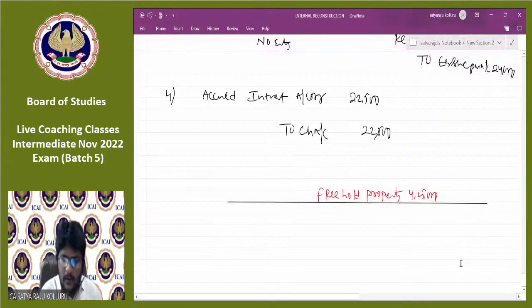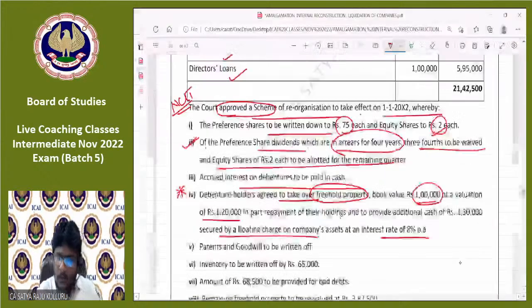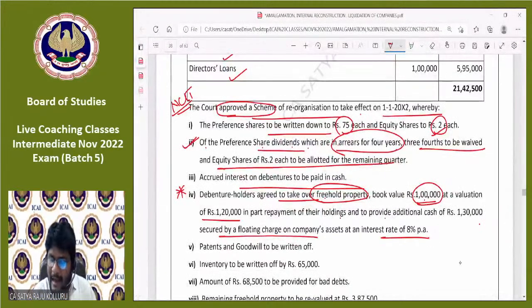Concentrate. This is the book value of 4,25,000. Out of this, he is talking about 1 lakh book value. The book value of 1 lakh at a valuation of 1,20,000, we are issuing to debenture holders. That means first this book value was revalued. This 1 lakh was revalued into 1,20,000. Then only we can provide to the debenture holders.